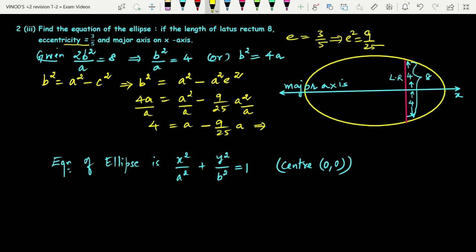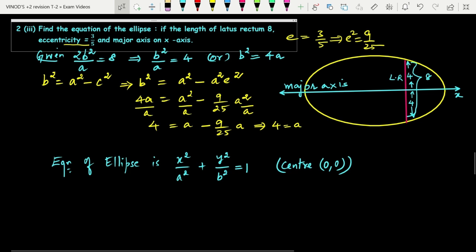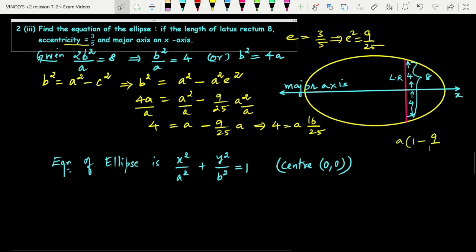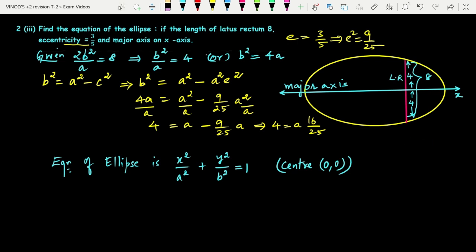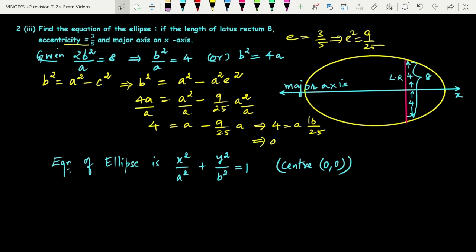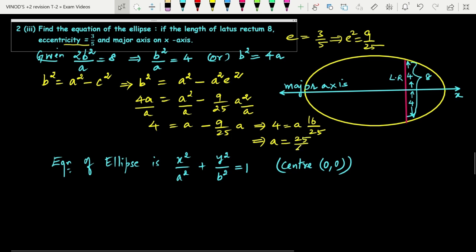So 4 is equal to a into, taking a common, 1 minus 9 by 25, which is 16 by 25. So a is equal to 25 by 4.